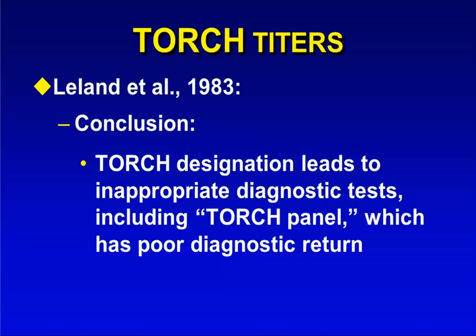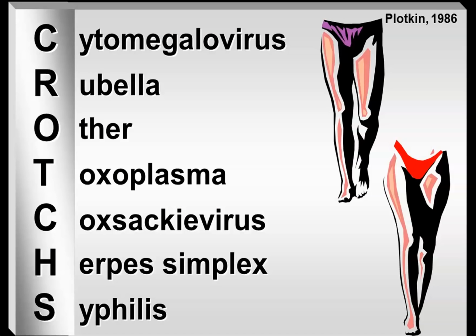What's actually helpful is if it's negative: if IgG is negative in the baby, then that baby was never exposed to that infection, because the mother never had it to develop an IgG. So rather than looking for positives, sometimes the negative is more helpful. Again, this goes against the TORCH panel. However, people have tried to make this acronym even more expansive.